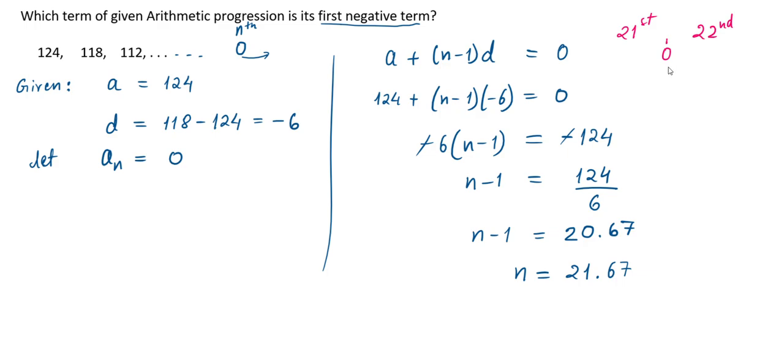So definitely the next term from here is the 22nd term. The 22nd term is going to be the first negative term in this AP.